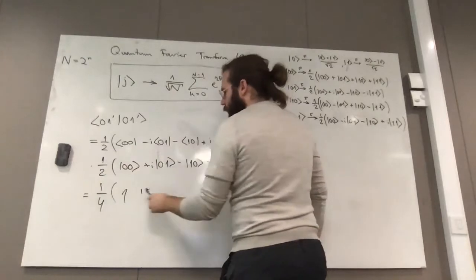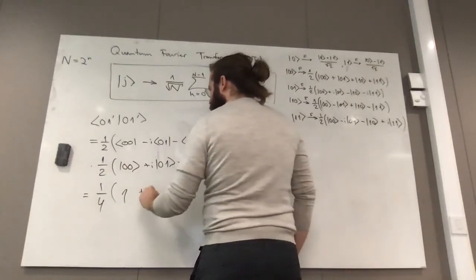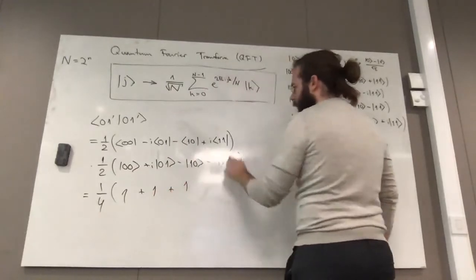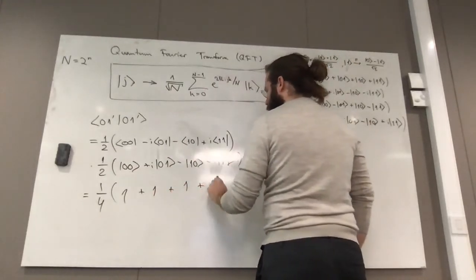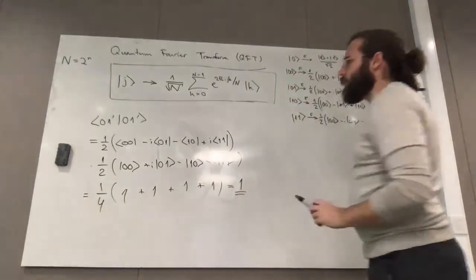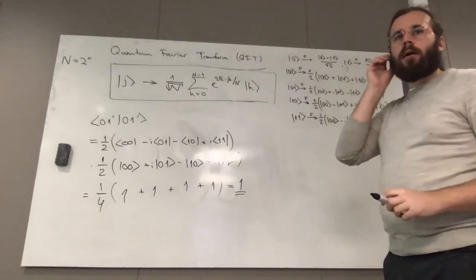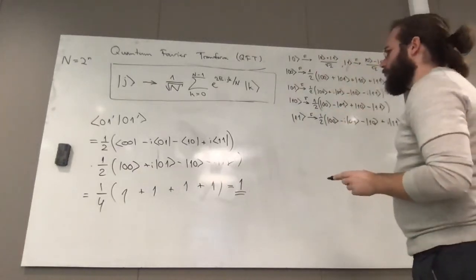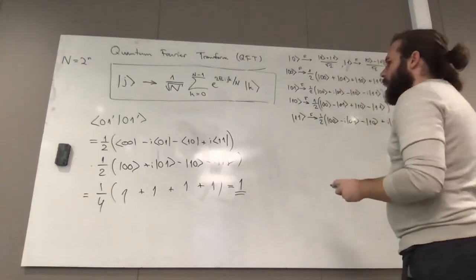So this is minus i squared, so that becomes a plus 1. Minus times minus is also a plus 1. And here we get minus i squared again, plus 1. So we see that this becomes 1. Okay, good. It has magnitude 1, which is a good thing.